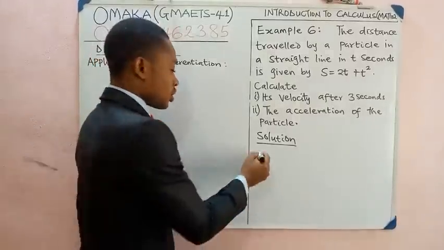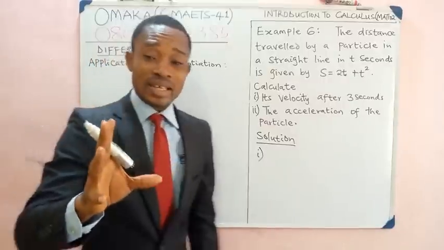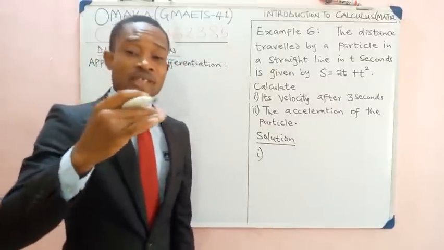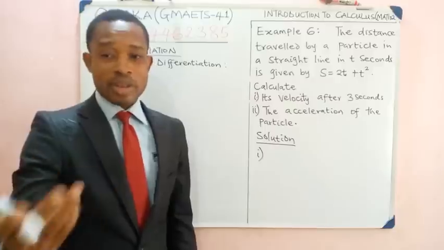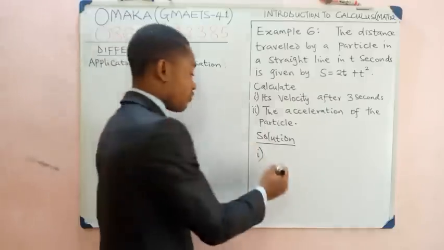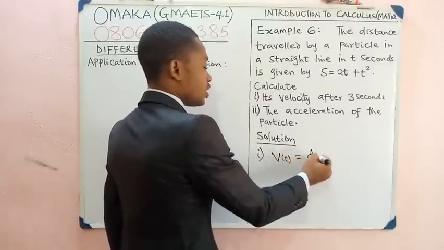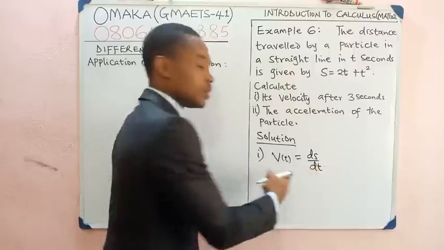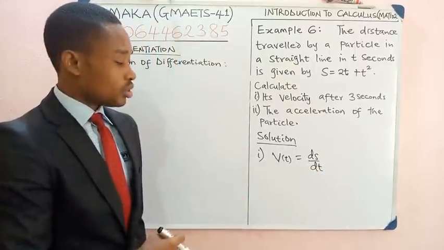T. And so for the first part of the question, remember that velocity is the derivative of position with respect to time, or displacement with respect to time, as the case might be. So for the first part, we say that velocity, which is a function of time, is given as ds over dt. We meet this in physics and mechanics when we're talking about motion.